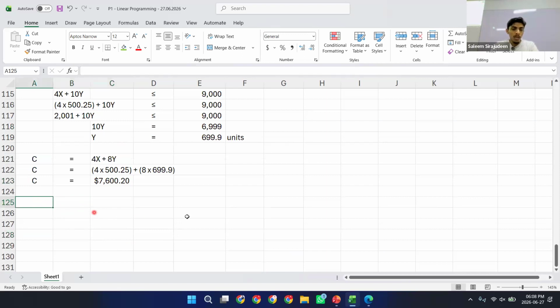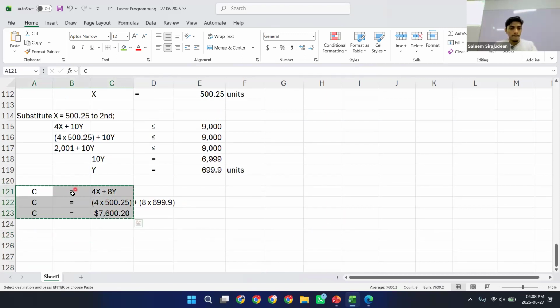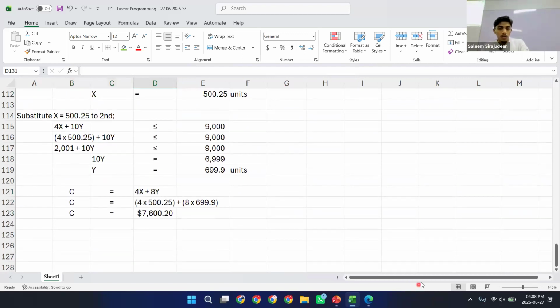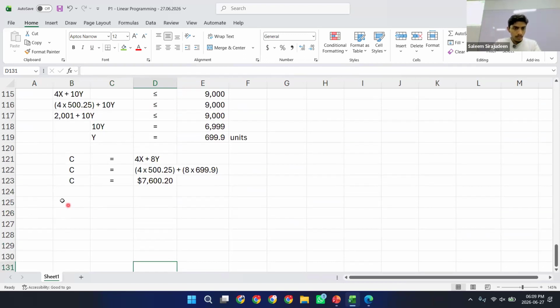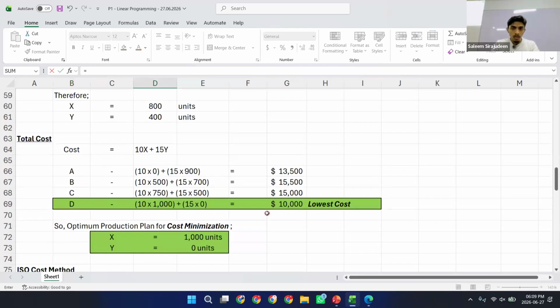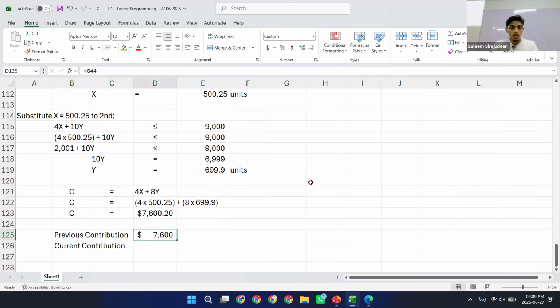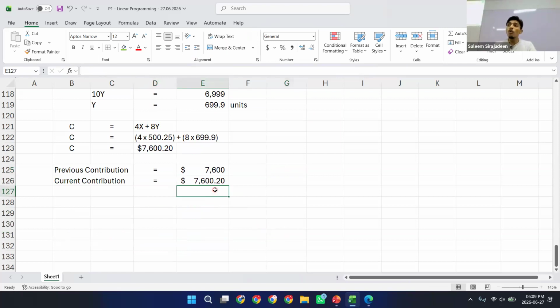So the previous contribution is 7,600. Current contribution, how much? It is 7,600.20, correct?